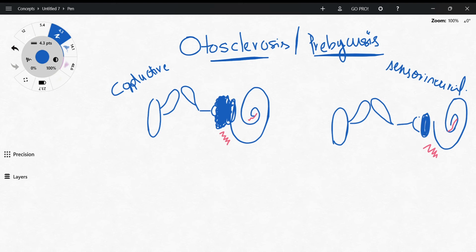Now, with otosclerosis, you are already seeing that the pathology is within the conductive portion of the hearing apparatus, so you know that this is a conductive hearing loss.